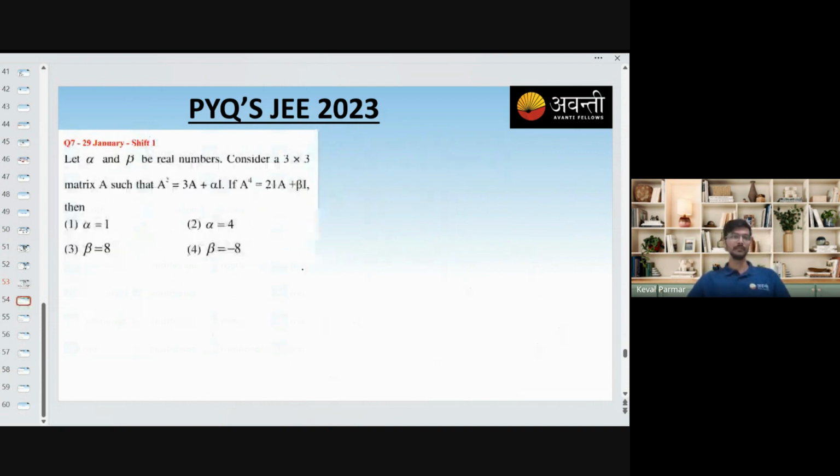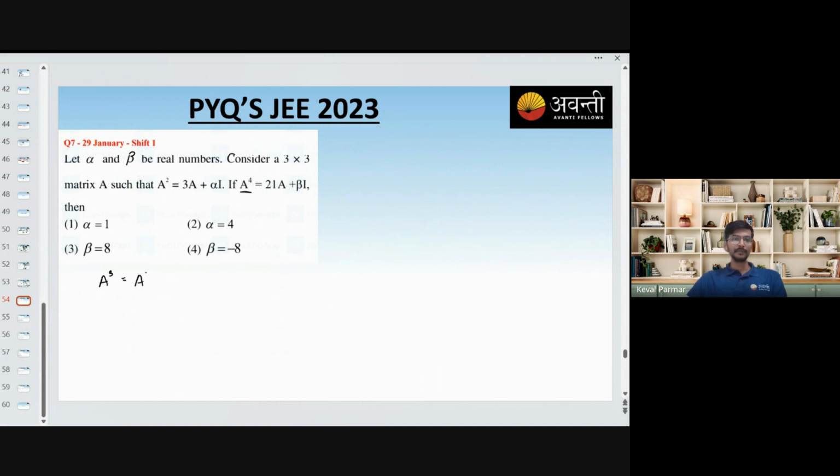Got it? Let's see the next one. Now, let alpha and beta be real numbers. Consider a 3 by 3 matrix. Okay. Then basically, guys, here we have to find A raised to the power 4 and compare it with this. So first let's try to find A raised to the power 4. For that, we need to find A raised to the power 3.